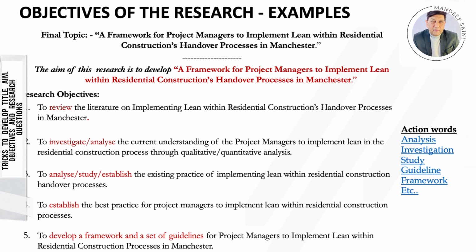The first objective is about the literature review. To review the literature of, now which literature review you're going to do, based on the same, the literature of implementing lean. So you have to find the keywords from here: implementing lean within residential construction handover process in Manchester.